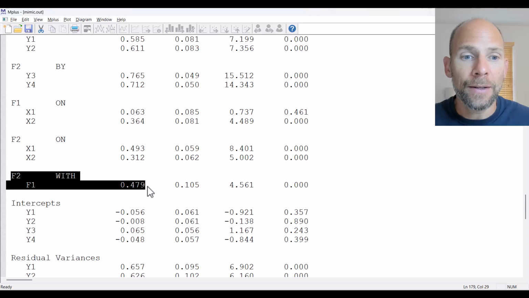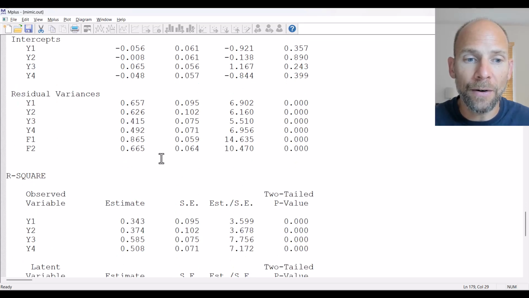So you can now see that the factors are fairly strongly correlated after partialing out x1 and x2. So the partial correlation of the factors after accounting for x1 and x2 is almost 0.5 at 0.479. So that's a pretty strong association between those factors after accounting for x1 and x2.